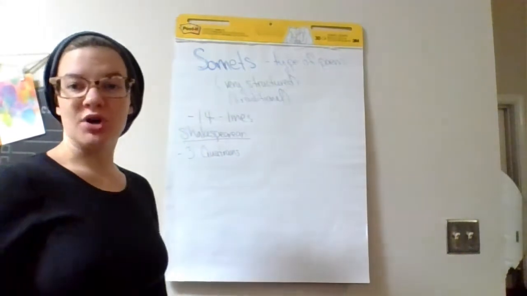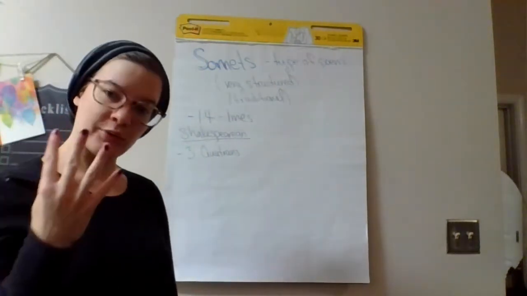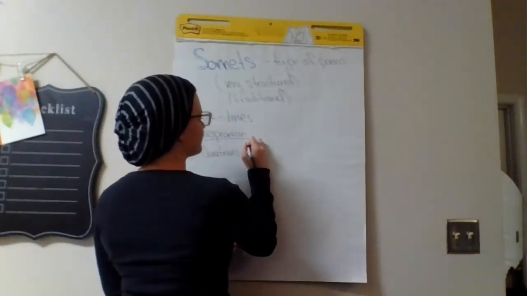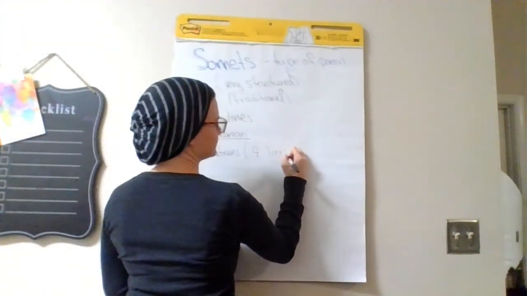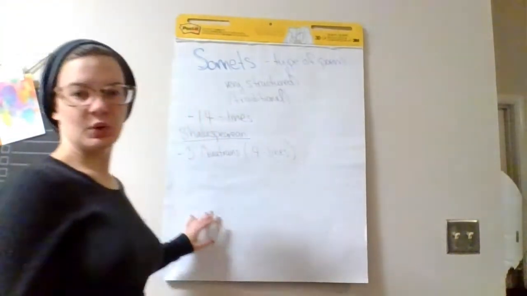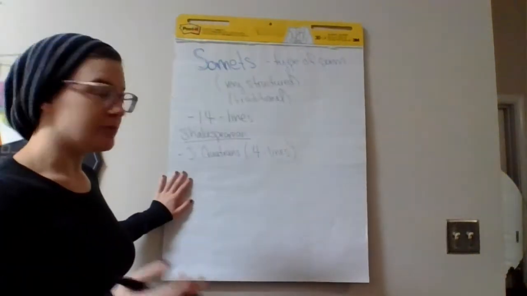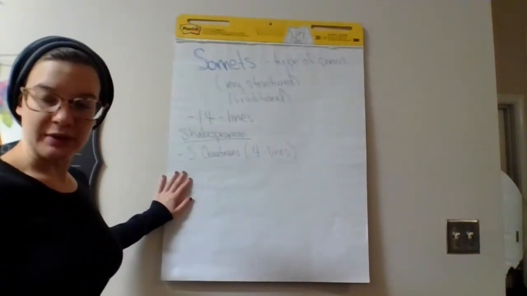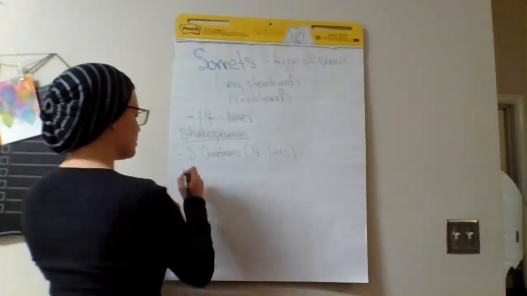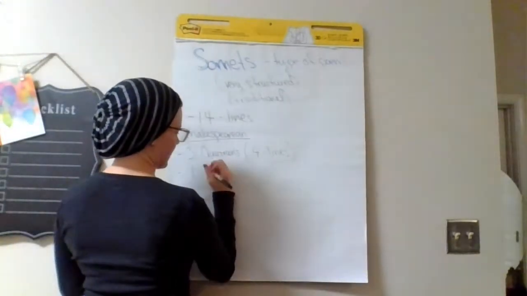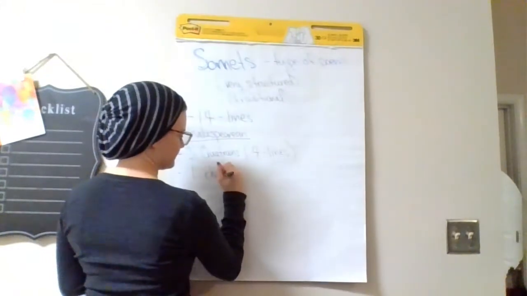Quatrains are sets of 4 lines. So you're going to have 3 sets of 4 lines. And then, of course, if you do the math, that's 12. And we know sonnets are 14 lines. So we know there's 2 left, and those 2 are called a couplet, or a rhyming couplet.